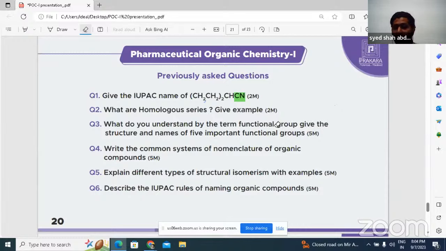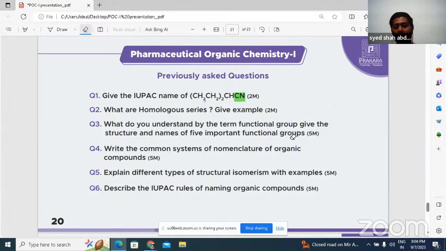That is determined by the presence of the functional group. So you need to give the names of 5 important functional groups, simply aldehydes, ketones, carboxylic acids, esters, ethers, and give examples for them, and then you can complete the answer. Everywhere, wherever required, mention the examples.